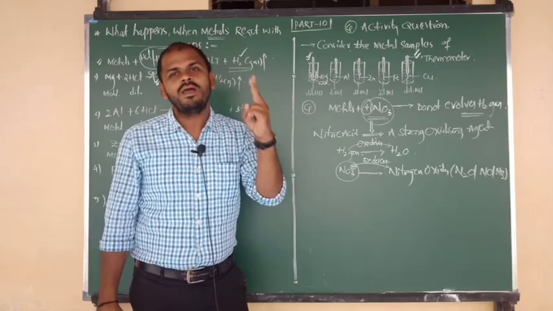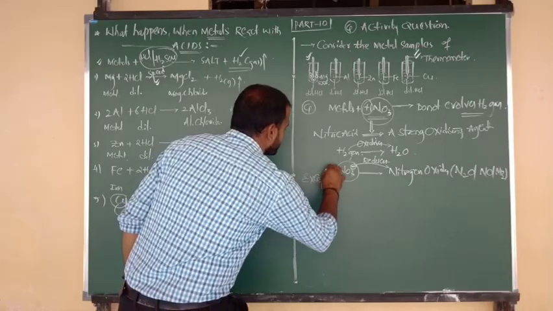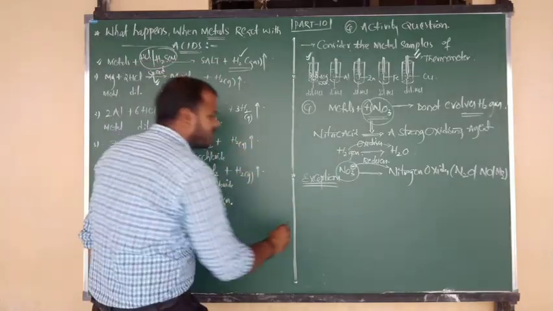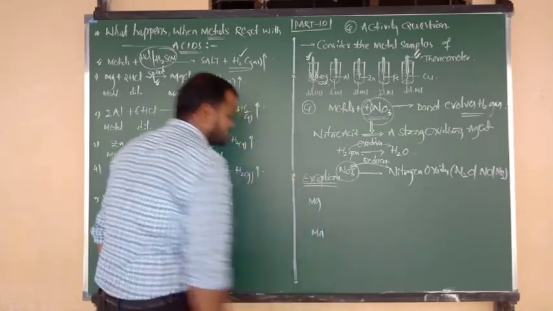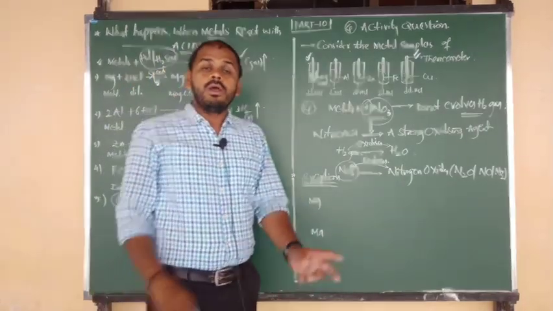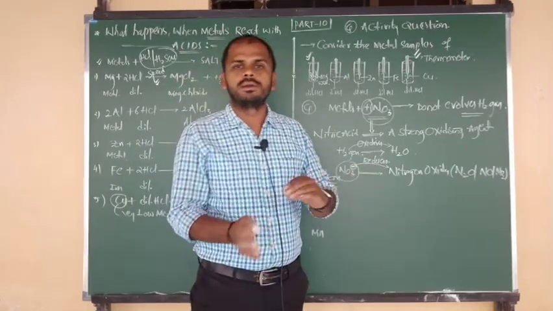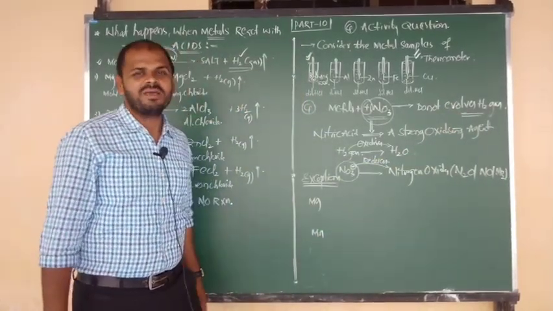One is magnesium, one more is manganese. So here I am going to write the exception. The above rule is an exception for how many metals? Two metals, magnesium and manganese. They may ask you the question: which two metals on reaction with HNO3 evolve or release hydrogen gas? You have to say the answer: magnesium and manganese.